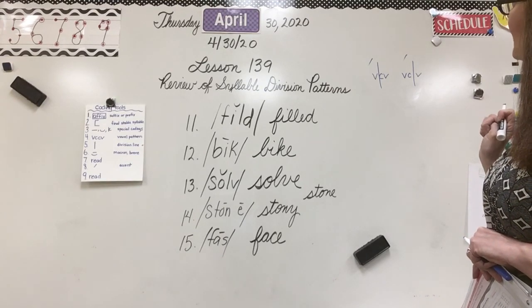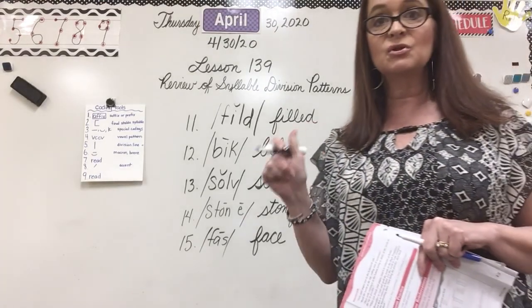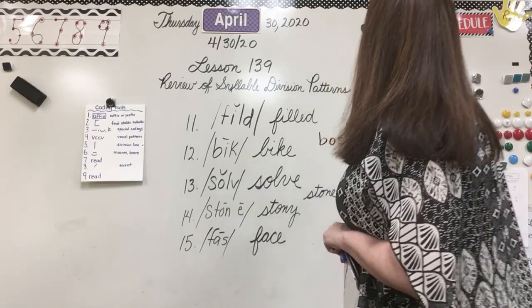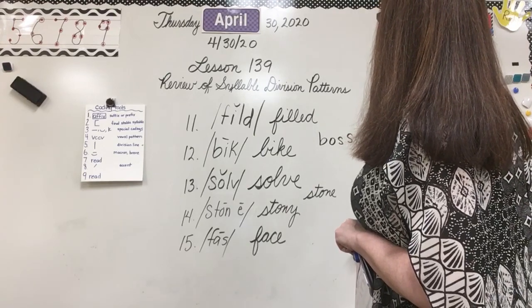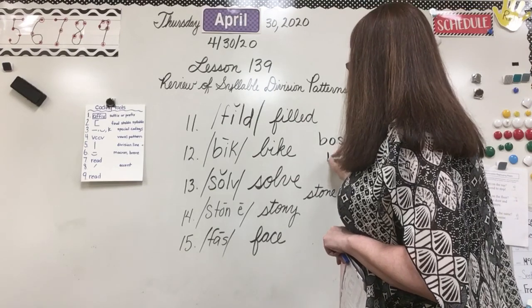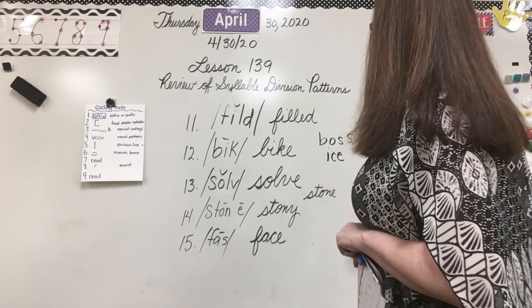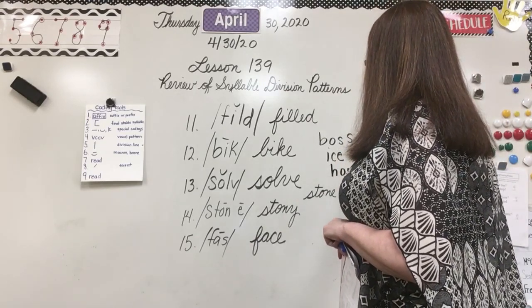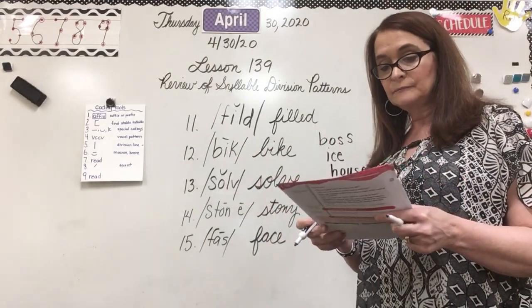So when you have the final S spelling, you use SS after a short vowel, like the word boss. You use CE after a long vowel sound, as in ice and face. And you use SE after anything else, like house, or mouse, or false, or loose. All right?